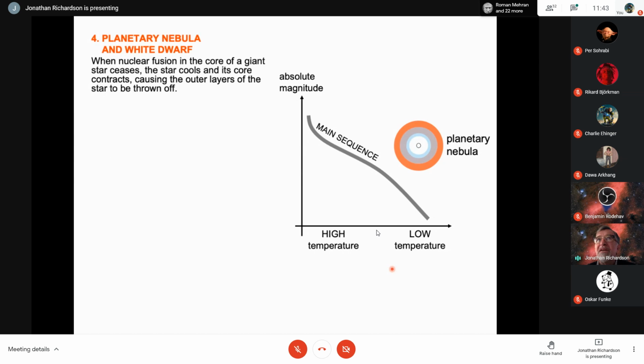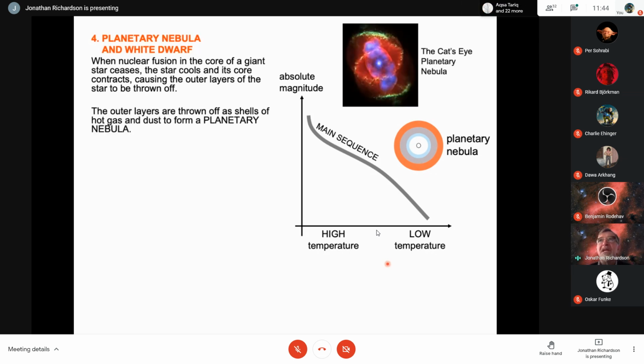So when the nuclear fusion in the core ceases, the star cools down and its core contracts. Of course, when it contracts, it increases again in temperature, but this causes the outer layers of the star to be thrown away. So you see these things that we call planetary nebula.